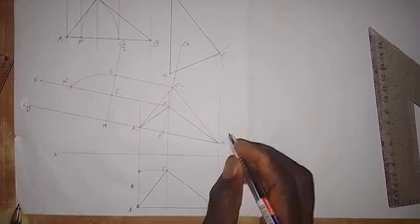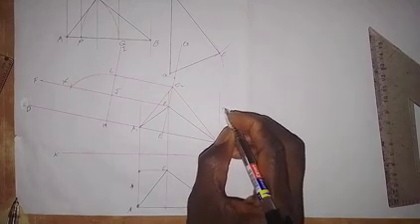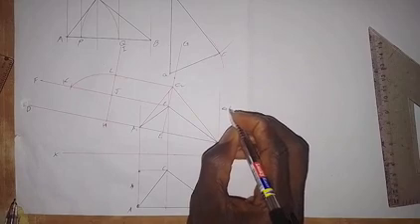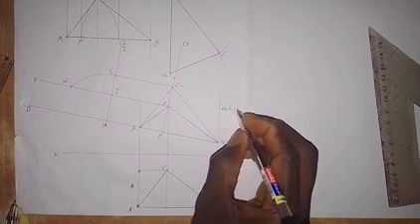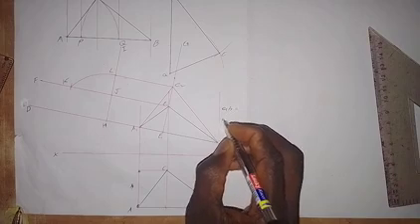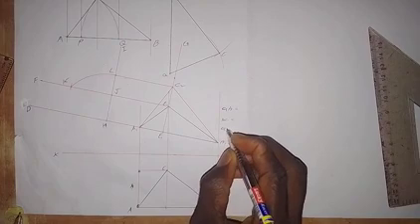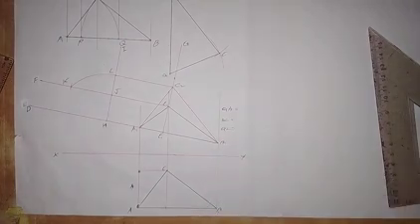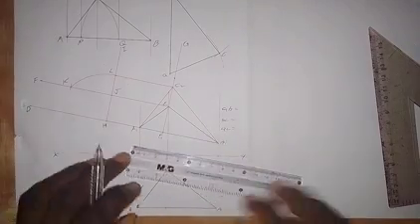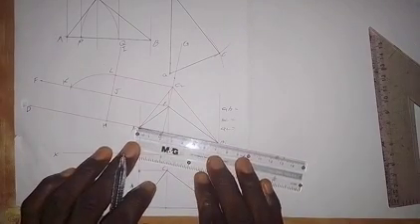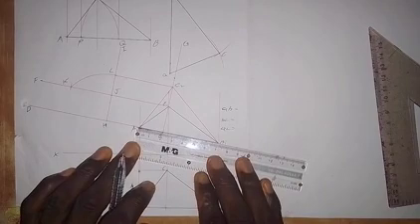So here I have AB equal to, BC equal to, and AC equal to. Let's take the measurement. For A1B1, we have 72 millimeters.